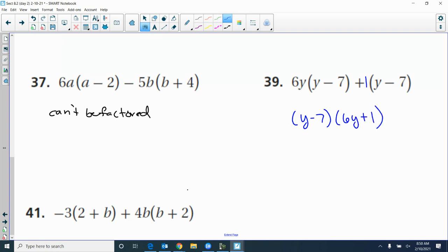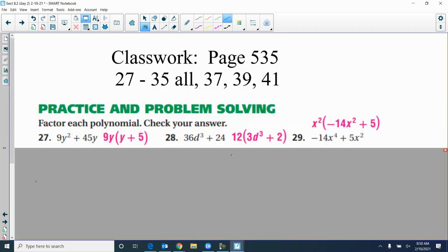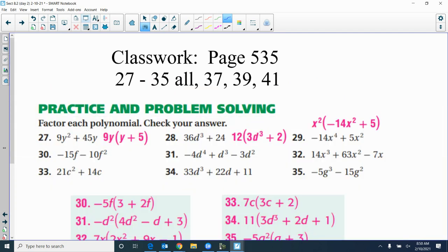You're going to have 6y plus 1 as your second group. Doesn't matter what order, Amanda, I put my 2 answers. Nope, doesn't matter. So if you put 6y plus 1 first, and then y minus 7, that's fine. All right, your other answers, I got most of them up here.